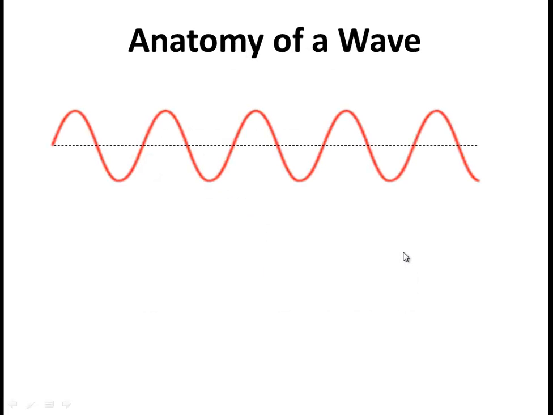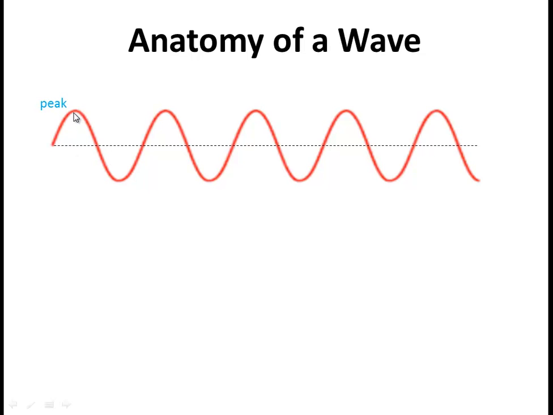All right, so let's just start with the basics. Here is a very standard, garden variety wave. It's basically a sine wave, or cosine. And the dashed line simply represents the baseline. This might be the zero, and when the wave is above the baseline, you could think of that as having positive values, and when it's below, negative values. So let's look at some of the names.